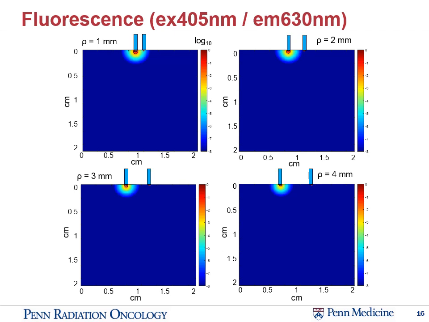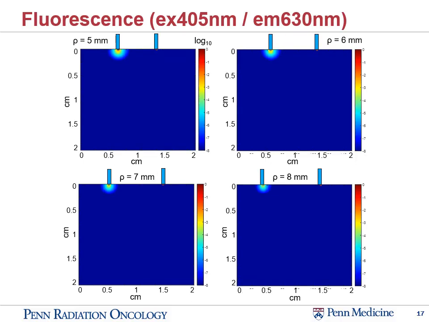Similarly, for each source detector separation, 99% of the detected fluorescence originated from within 1 mm tissue depth right below the source fiber. When we further separate the source detector to 5, 6, 7, and 8 mm, we observe the same pattern consistently, where most of the fluorescence light that reaches the detector fibers is coming from the superficial tissue layer right underneath the source fiber.